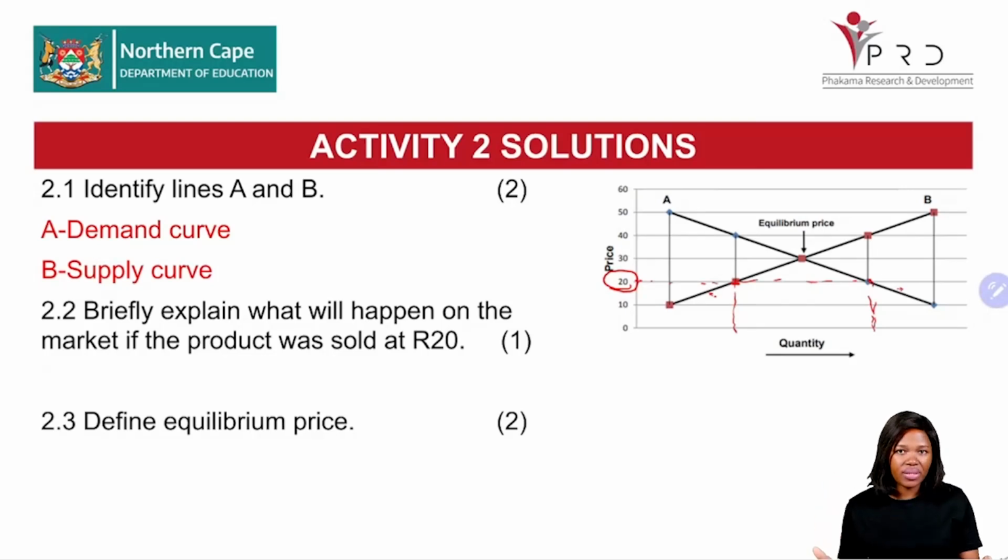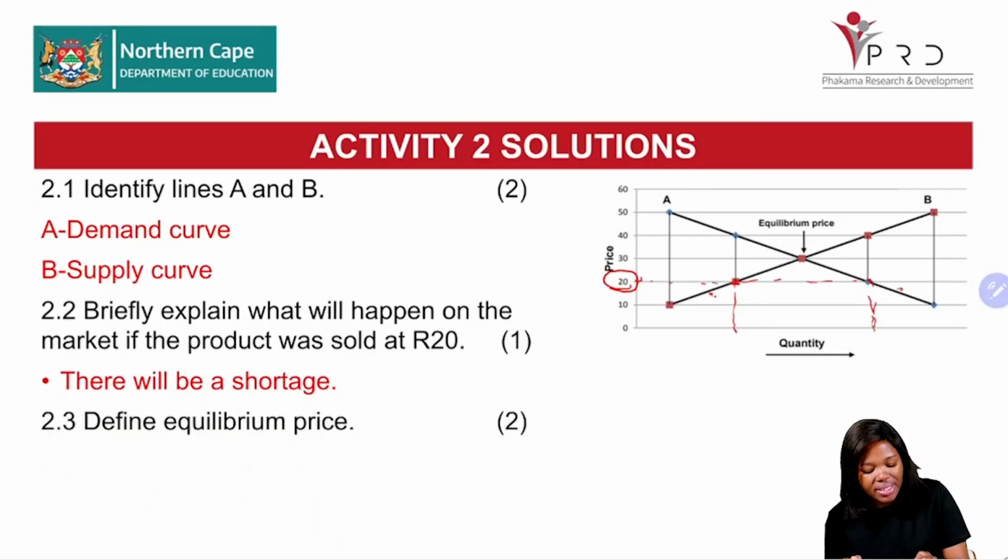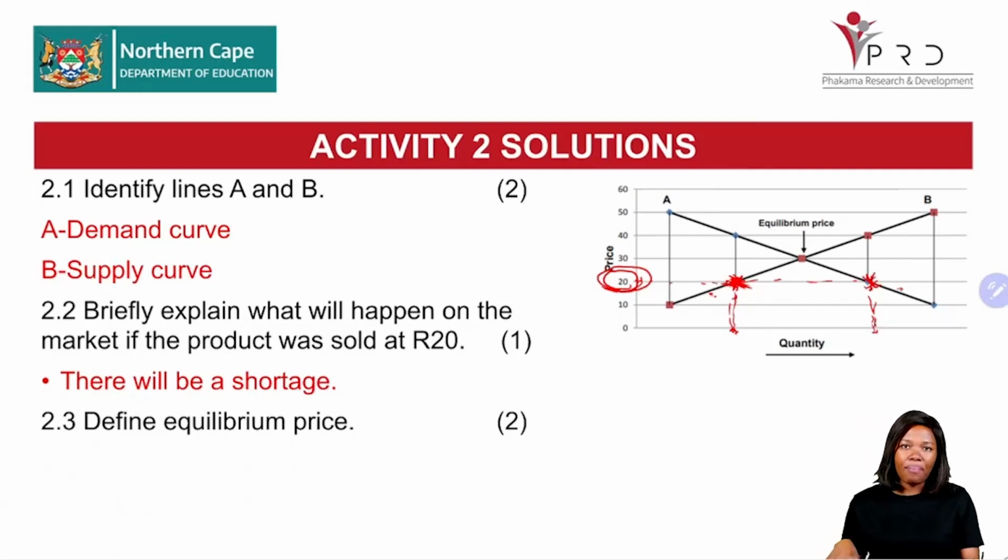When the price is 20 Rand, there will be a shortage, right? Why a shortage? There will be a shortage because of the price right here. It tells us that on this graph, which represents the supply, the producers will supply less product, and the consumers will demand more product, meaning the supply will be less than the demand, or the demand will exceed the supply.